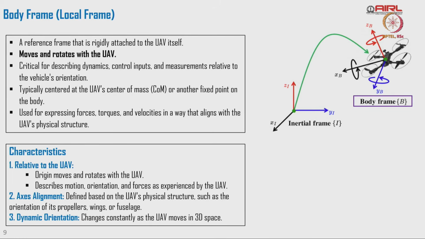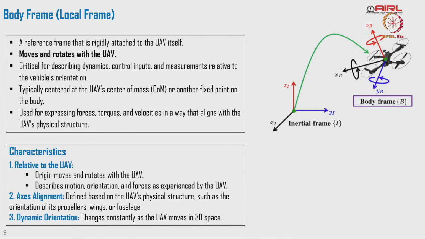What are the characteristics of the local frame of reference? It is relative to the UAV. It moves and rotates with respect to the UAV, as I mentioned earlier. It is used to describe the motion of the rigid body, the orientation of the rigid body, and the forces and rotational forces acting on this rigid body can be expressed in the local coordinate system.